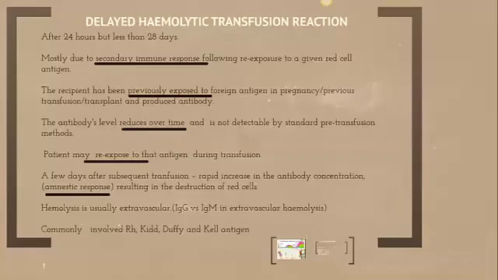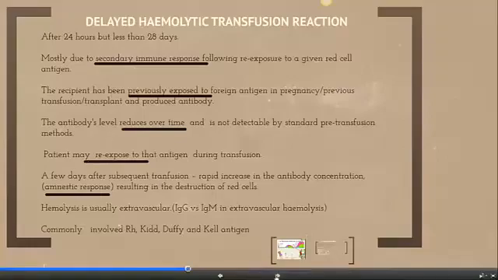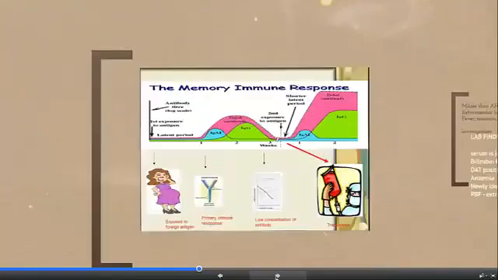The hemolysis is usually extravascular because most of the time these immune antibodies are IgG type and they are not IgM type, so they will cause extravascular hemolysis. The common blood antigens involved in this delayed hemolytic transfusion reaction are Rh, Kidd, Duffy, and also Cal antigen.